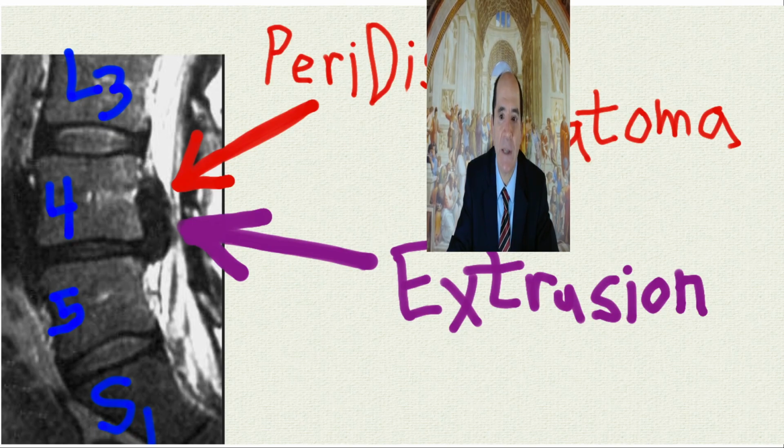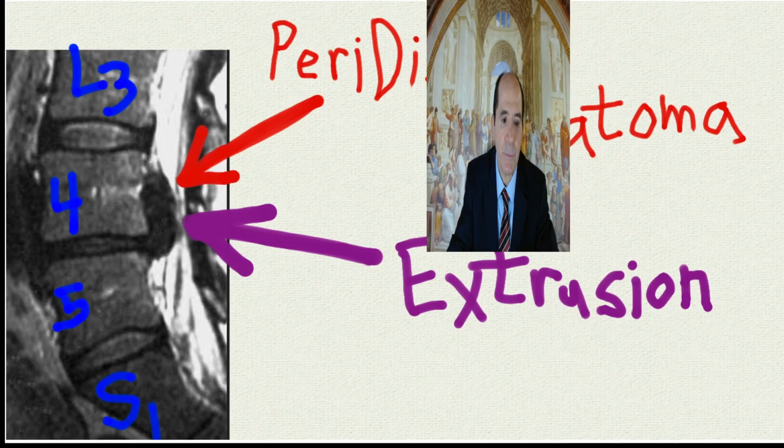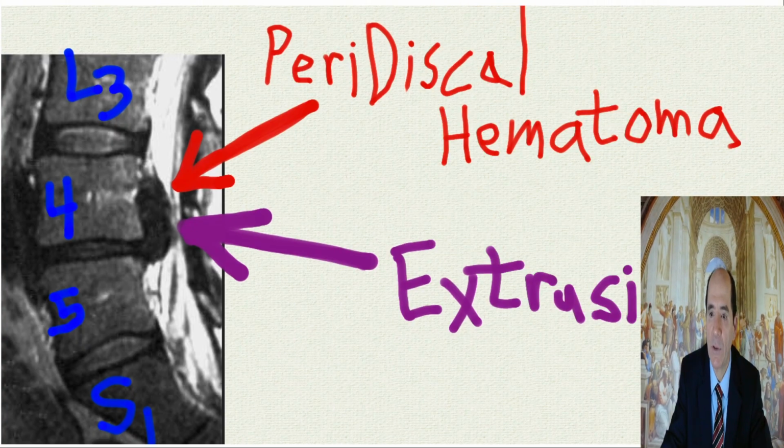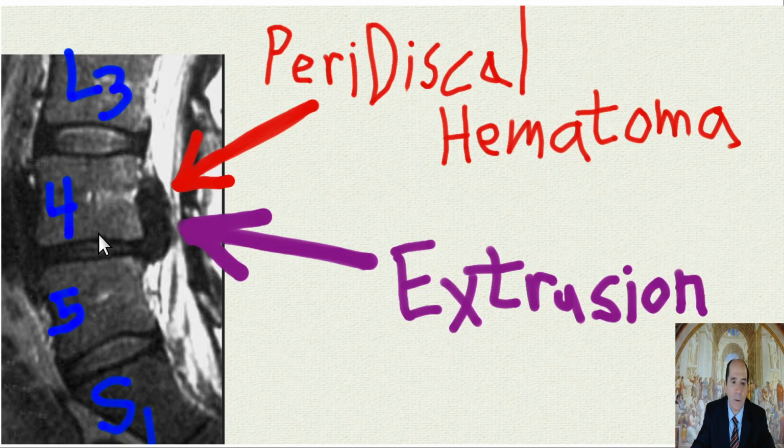Okay, now here is a big disc herniation. This is a big extrusion. So the report on this one would be: L4-5, lumbar vertebrae number 4 and 5, and the disc right here with large disc extrusion extending above the disc space.